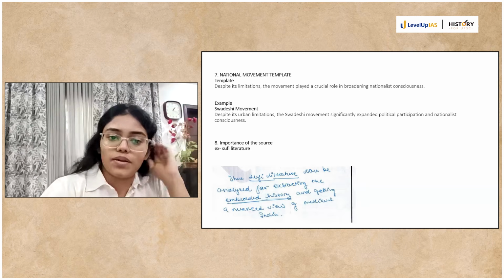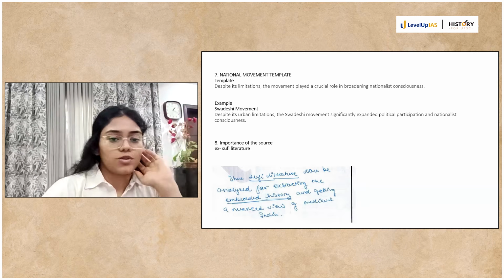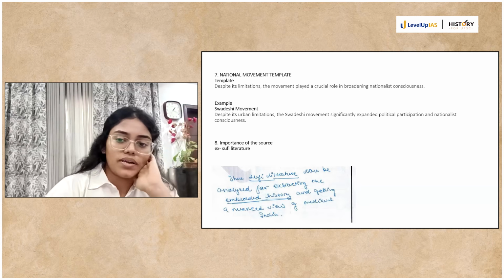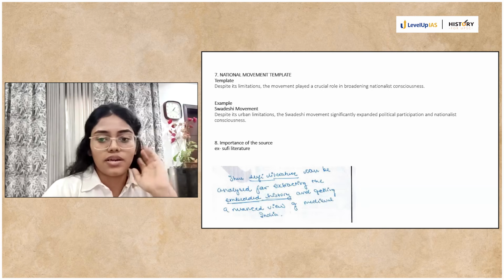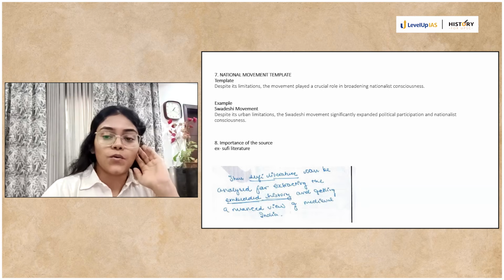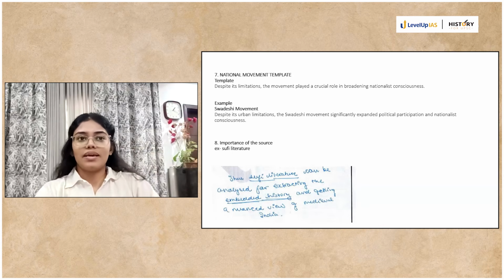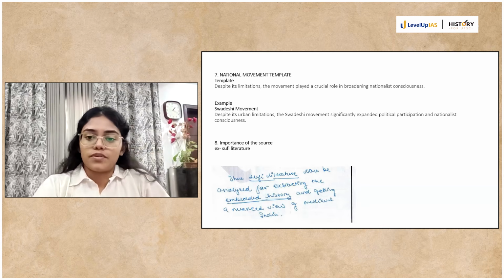तो अगर स्वदेशी मूवमेंट पे आ रहा है क्वेश्चन, तो in conclusion just say that despite its urban limitations, the Swadeshi movement expanded the political participation and nationalist consciousness. Don't dismiss the limitations. You will be seen as a very biased person.